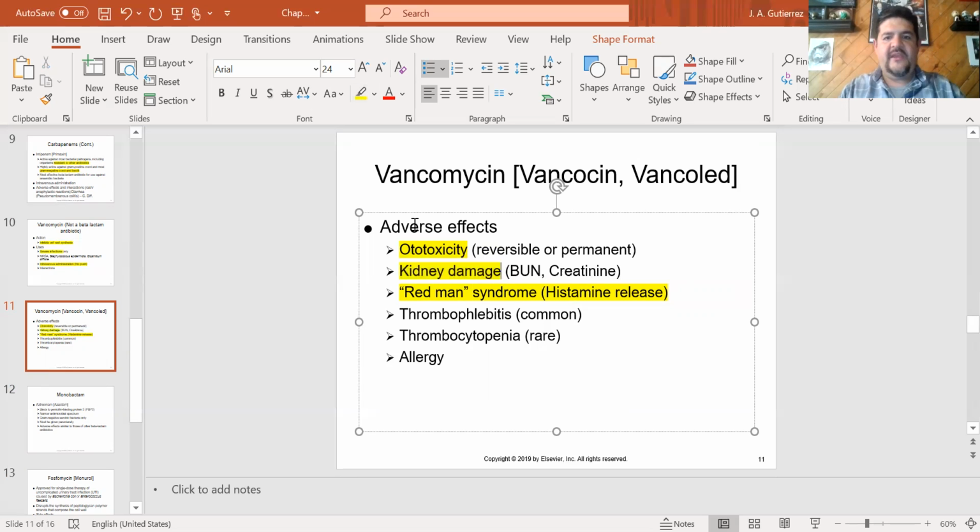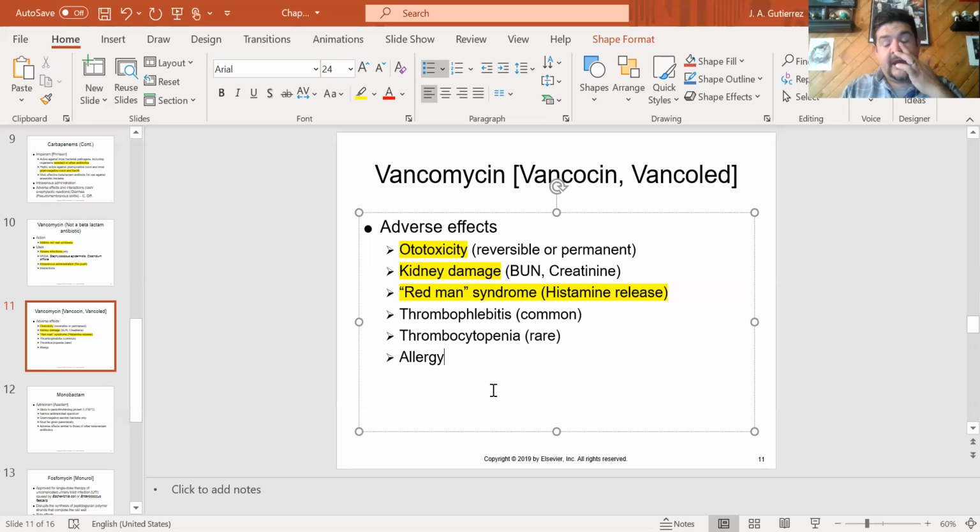So those will be your main adverse effects that you need to prevent on patients. Ototoxicity, kidney damage or nephrotoxicity, and the red man syndrome. So that means that you need blood levels every other day, because this medication is IV.